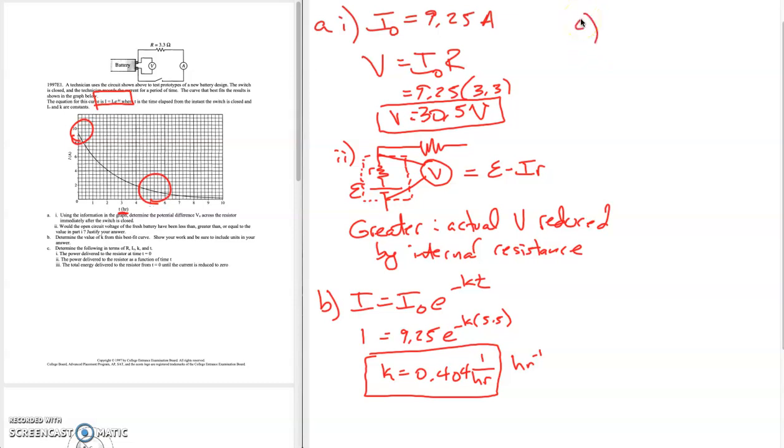All right, part C. This is where we really introduce the calculus, because when we get down to part 3, we're going to be looking for total energy from the power. All right, so see part 1, power delivered at the original time, and notice they're saying to the resistor, so we're going to have I naught squared times R, and you plug in those numbers, so 9.25 squared times 3.3.